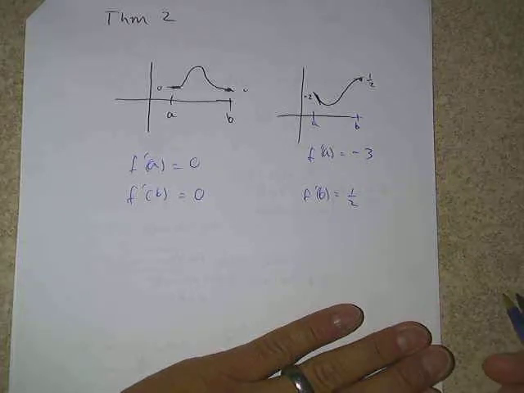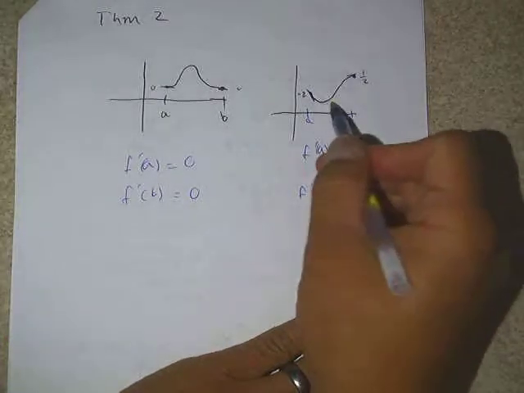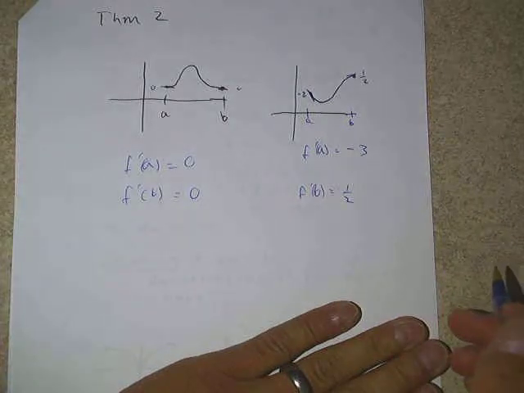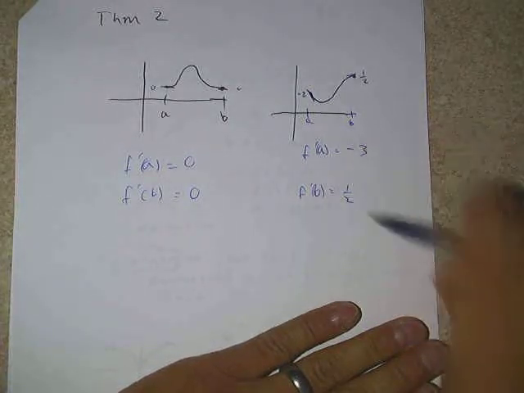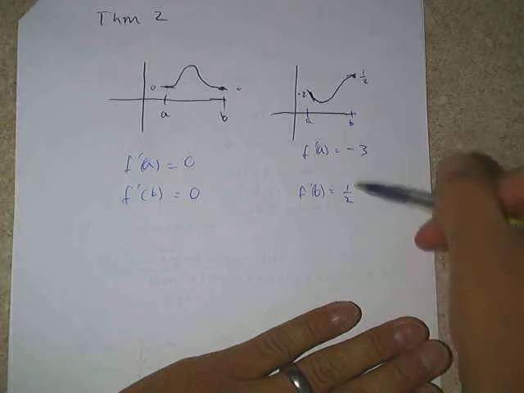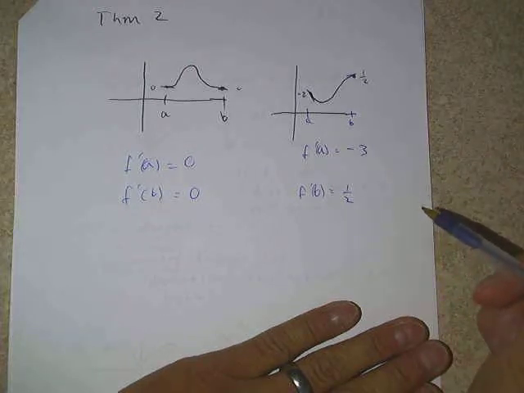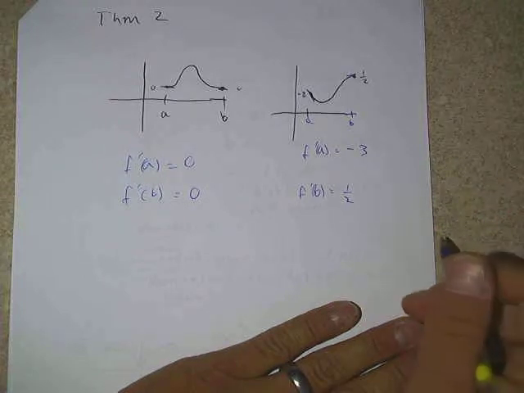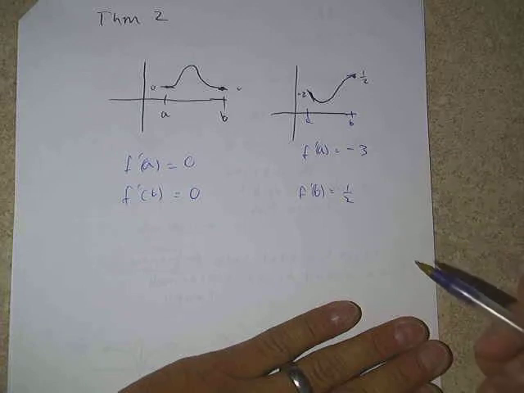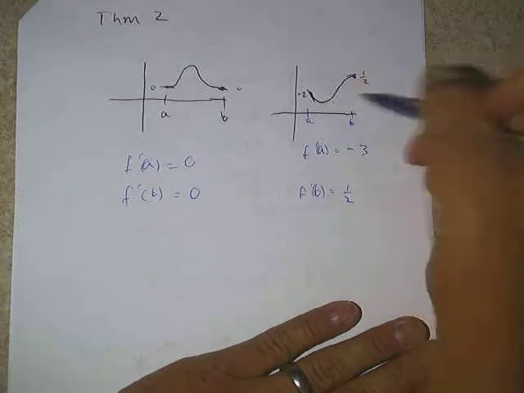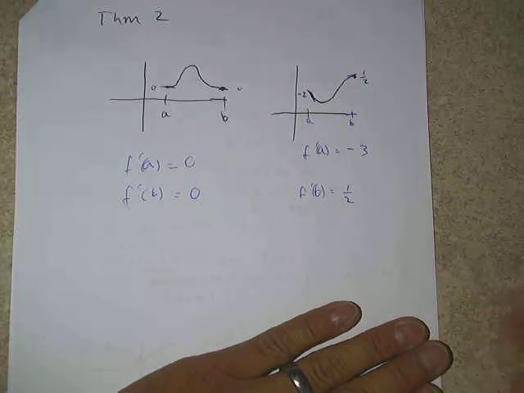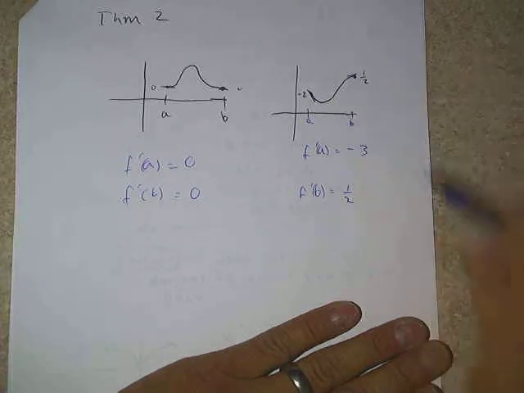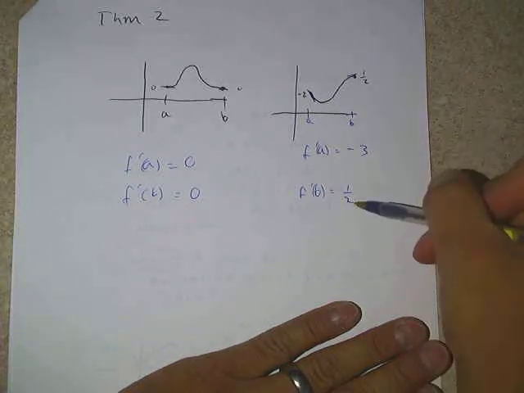So again, what this theorem is guaranteeing is that between a and b, our curve takes on every slope between -3 and 1/2. And what important slope would be between -3 and 1/2? Yeah, slope of 0. That means that at one point there's a minimum or a maximum in here, isn't there? That would guarantee this, knowing those two facts. There would have to be somewhere where the slope was equal to 0, in between these two.